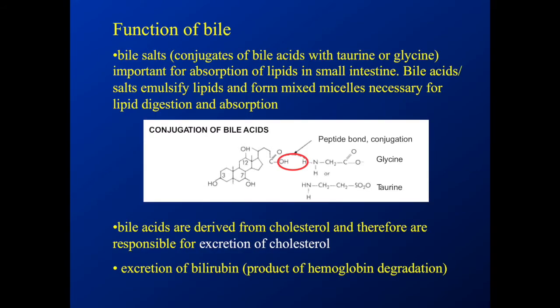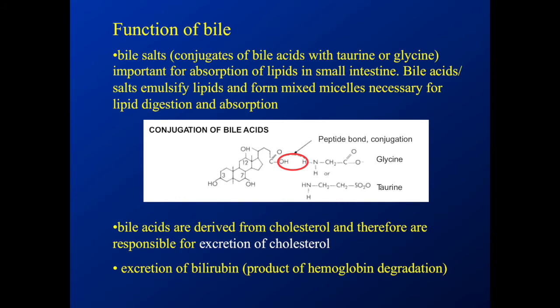So the function of bile is to create bile salts that are important for absorption of lipids in the small intestines. These will emulsify the lipids and form micelles that are necessary for lipid digestion and absorption. So these micelles will contain lipids and bile salts and enzymes that then degrade the lipids down into monoglycerides and fatty acids ready for absorption.